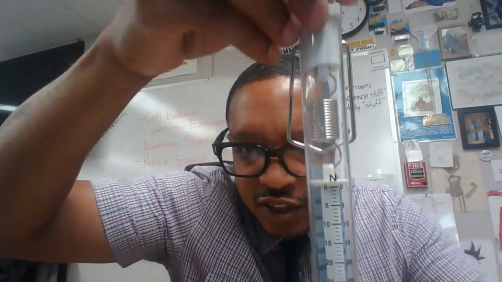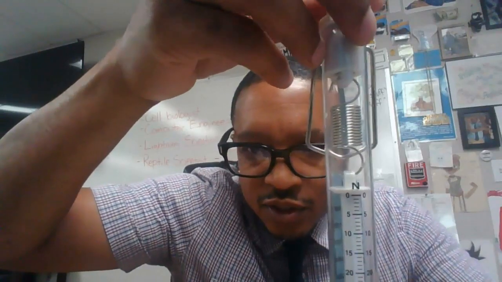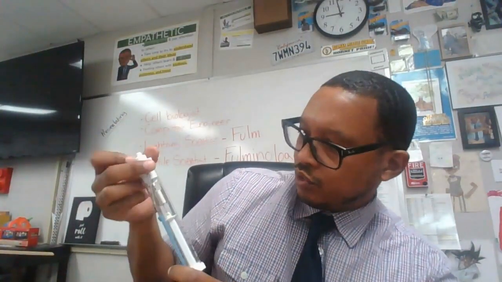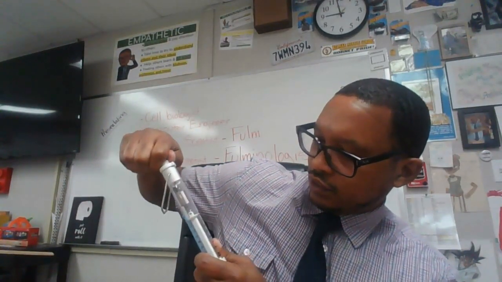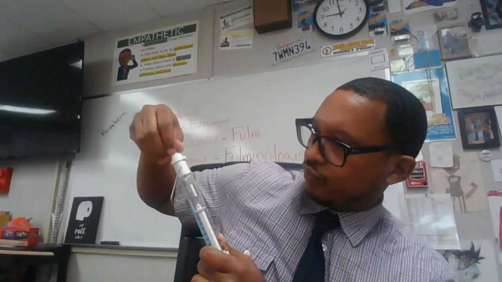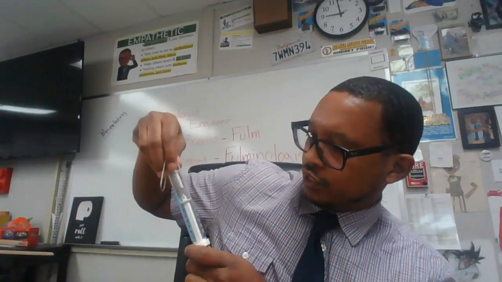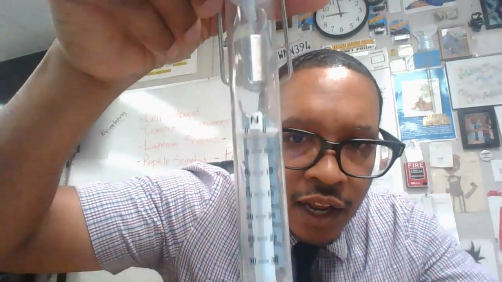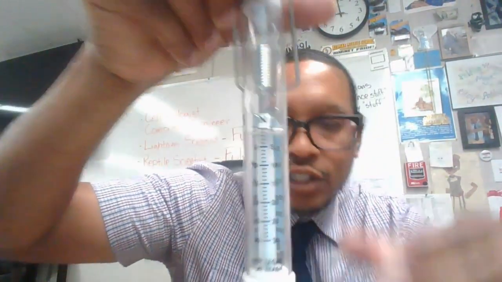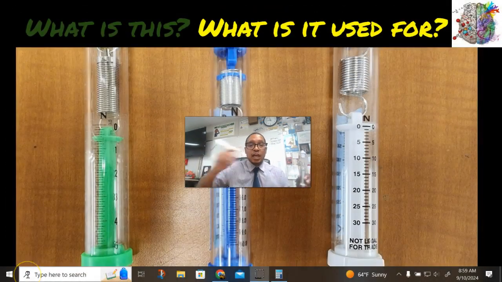I'm just going to turn the knob and see if we can get this thing adjusted to 0. Okay. Cool. I think we turned the knob and now it looks like we are adjusted to 0. So with any scale that you're going to use, before you actually put any objects on there, you want to adjust it to 0.